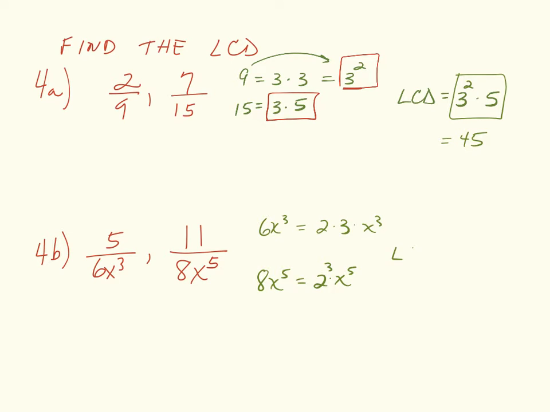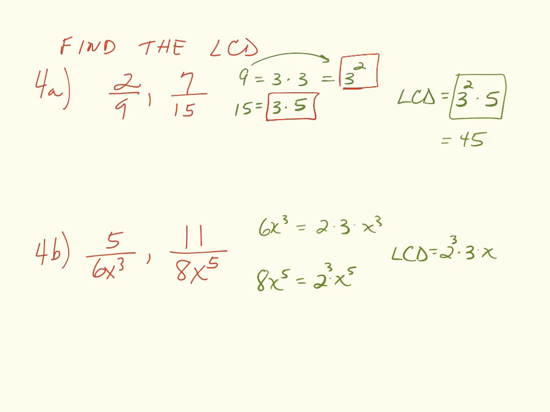So the LCD has to contain some 2's, some 3's, and some x's. Now, how many 2's does it have to contain? It has to contain the 2 with the biggest exponent, so that's going to be 2 to the third.